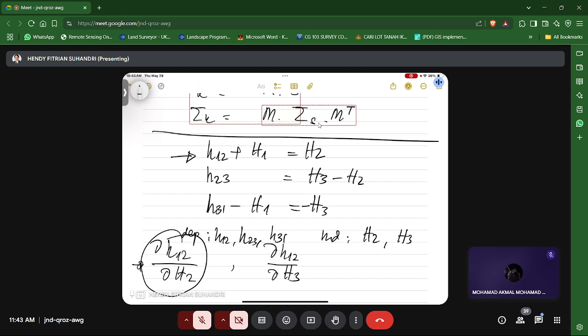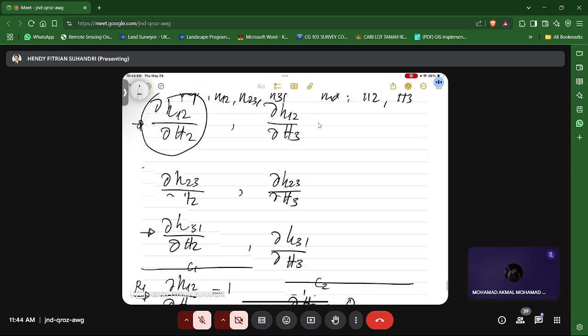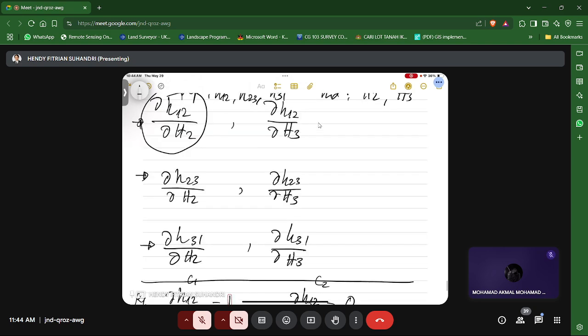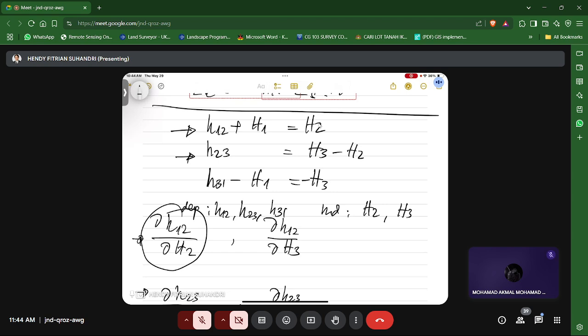H3 pada masa ni kita treat sebagai konstan, kita abaikan dia. So negatif 1. Do H23 diturunkan terhadap H3 itu adalah positif 1. Sekarang H2 pula kita abaikan.